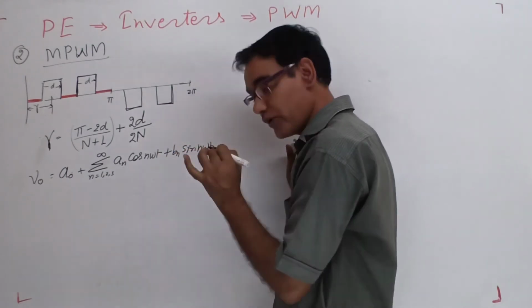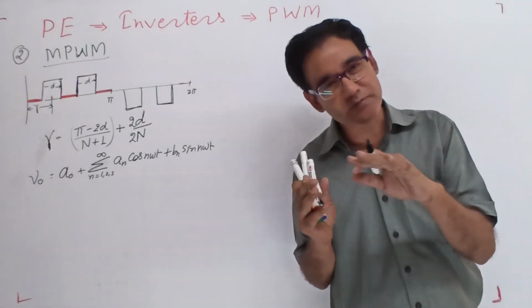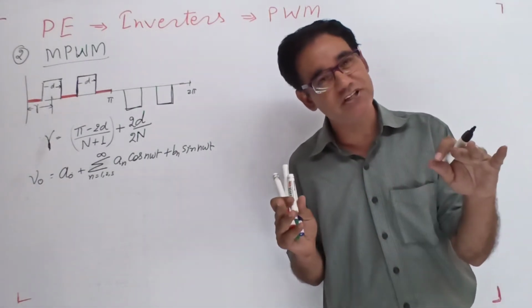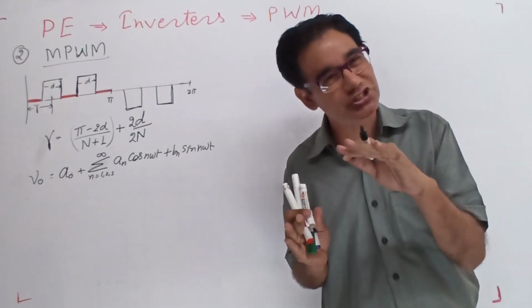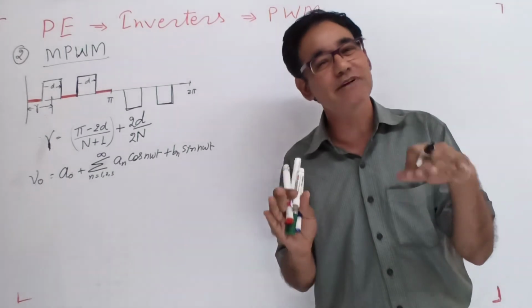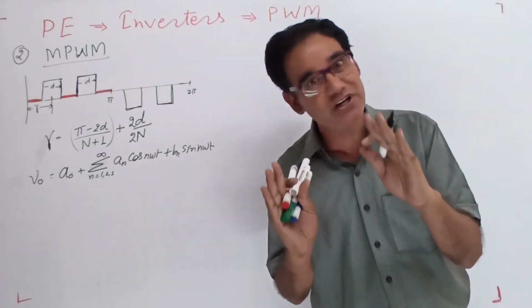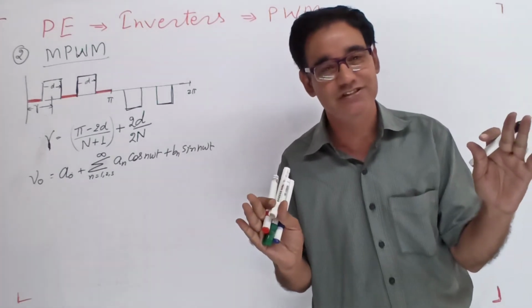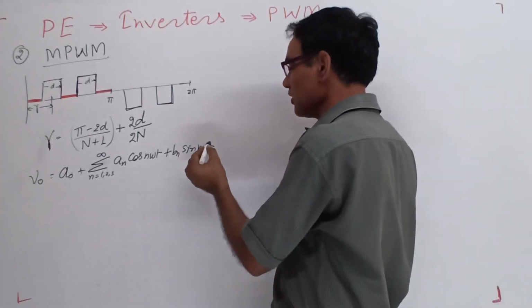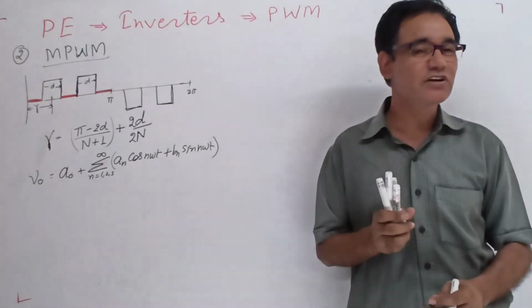This is the Fourier series. If a periodic wave is not exactly sine or cosine, it can be simplified by Fourier series analysis.